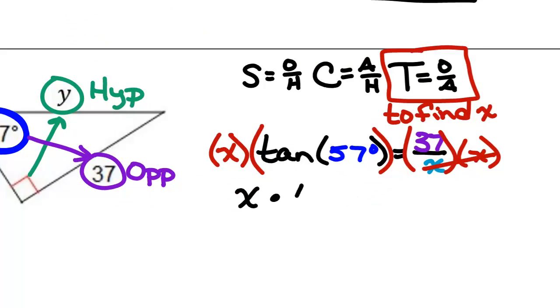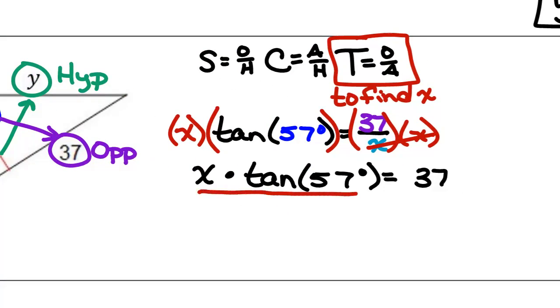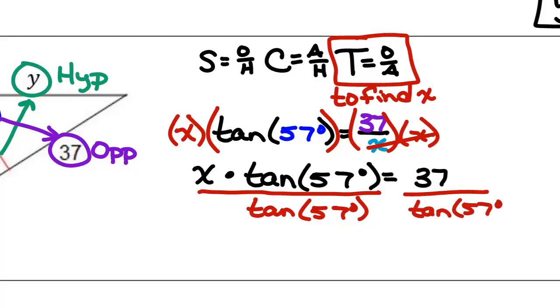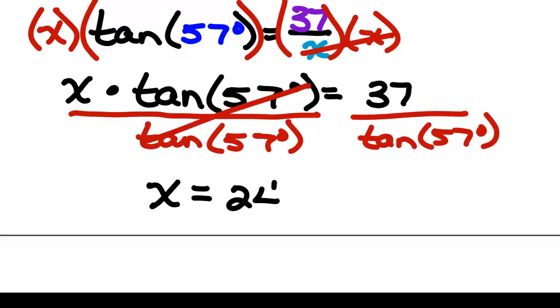So I have x times the tangent of 57 degrees equals 37. Need to break up this multiplication right here, so we're going to go with division to get rid of the multiplication. Tangent of 57 on both sides in my denominator cancels out over on the left. We get that x is how big? 24.028 is correct.